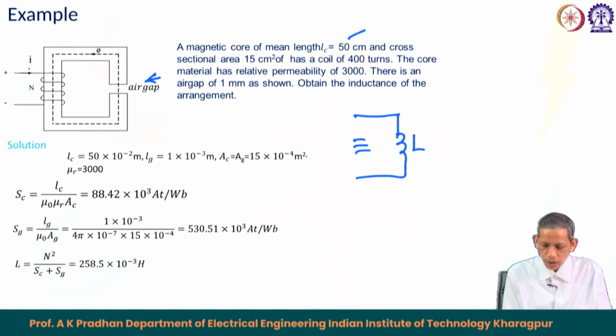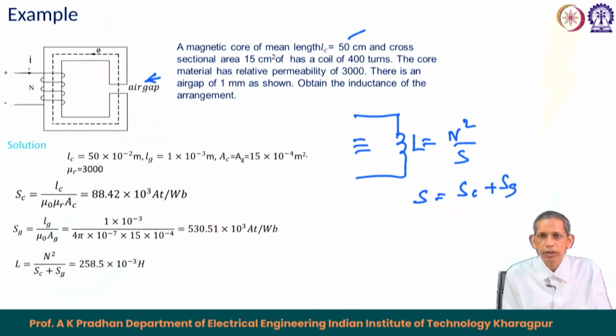So, L equals N square by S. For this case, S equals S of the core part plus S of the gap part, and each one is L upon mu A. Dimensions are given: L C, L G, A C and the mu r value.